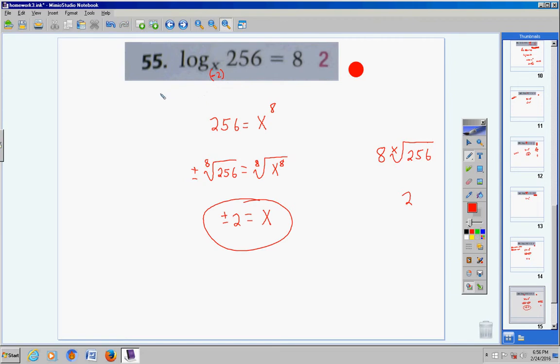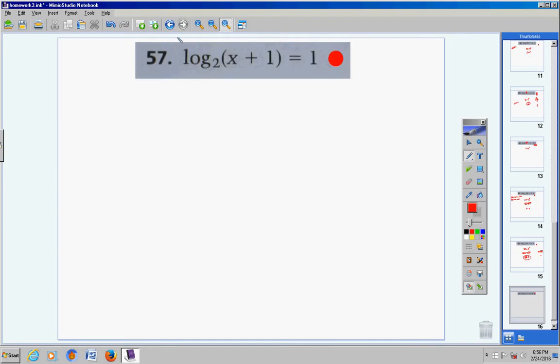A logarithm cannot have a negative base, alright? So, keep that in mind, guys. Negative cannot be part of our answer. So, the answer is just 2. We do not need a negative. Positive 2.